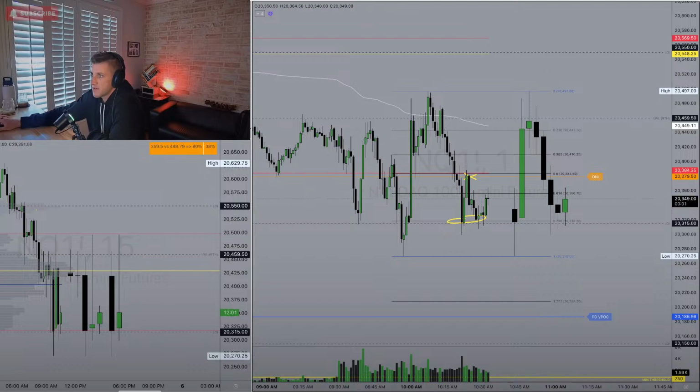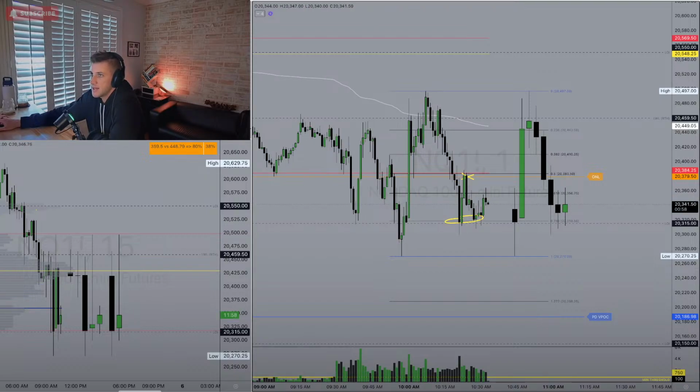So 315 holding for now. Overnight low just overhead, 380.